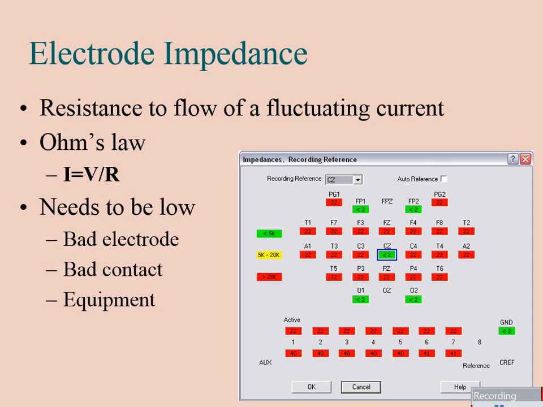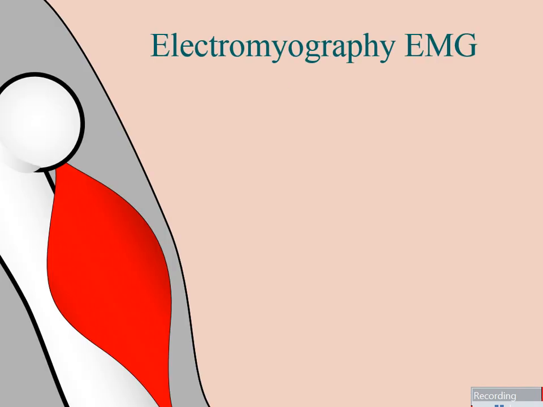The electrode might be bad, you get breaks in the wires, you get oxidation of the coating and stuff. Or sometimes it can be a problem with the equipment itself. This is one of the things we need to troubleshoot. If one of these electrodes comes up with an impedance of 25, then we've got to mess around with it and figure out what's wrong and get it down to where it's going to give us a good recording.